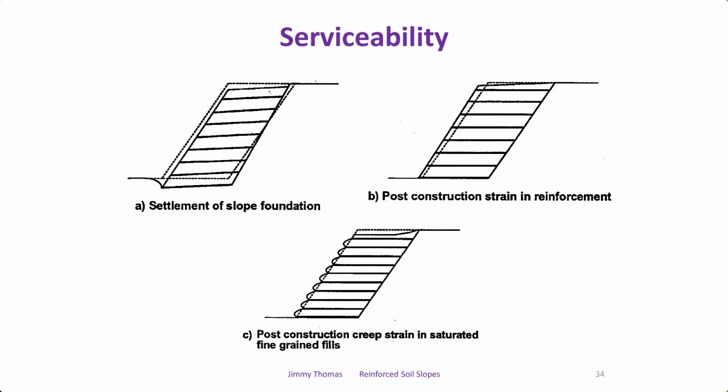Then serviceability: settlement, then post-construction strain of the reinforcement, and post-construction creep strain of saturated fine-grained soils. When the soil deforms, you'll find the face is slightly bulged. But if it is a green facing with vegetation, it's okay. In the case of a wall with concrete block or panel, it would have been a problem.